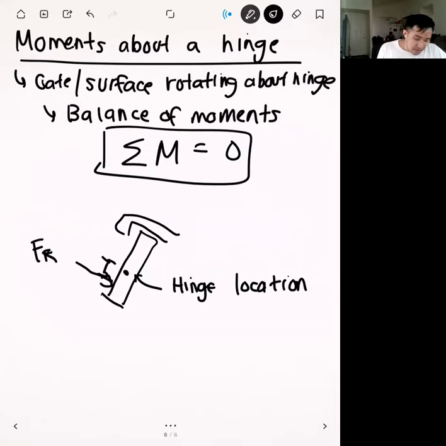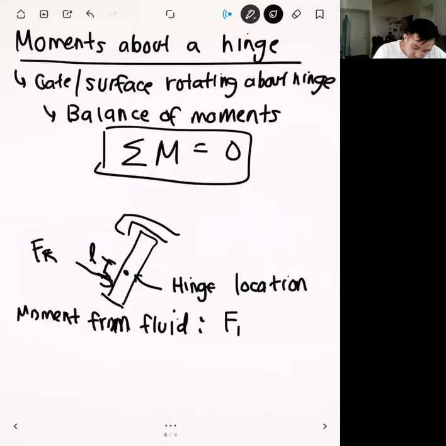In this case, the distance to the hinge is this, so we'll call that L. And so the moment from the fluid is just the product of the force multiplied by the distance.